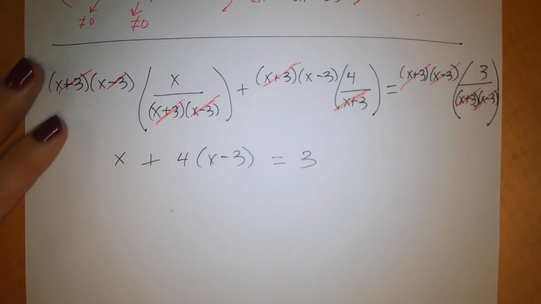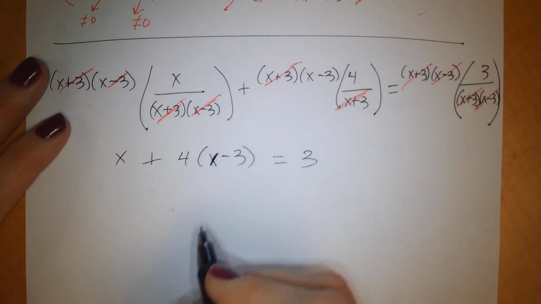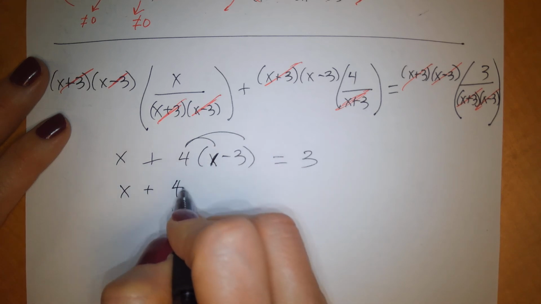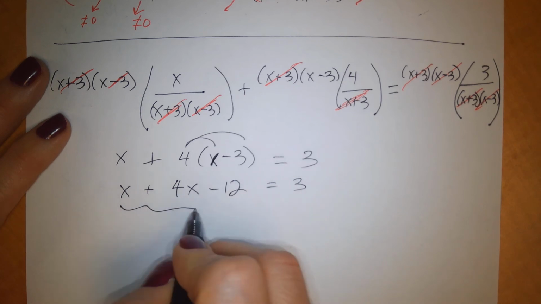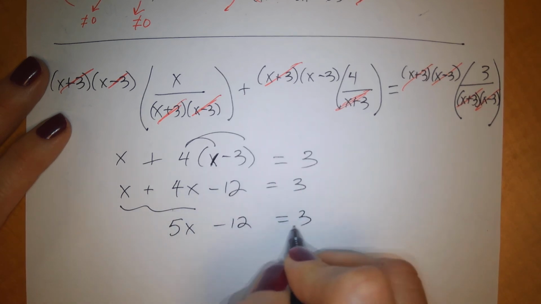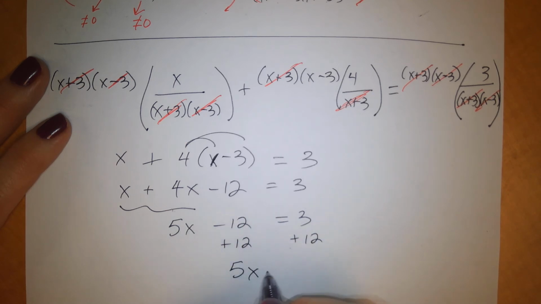So to solve this, we use our linear equation steps from the first page. So we'll distribute first, which gives me x plus 4x minus 12 equals 3. Combine like terms. Get constants to one side. Divide out the coefficient.